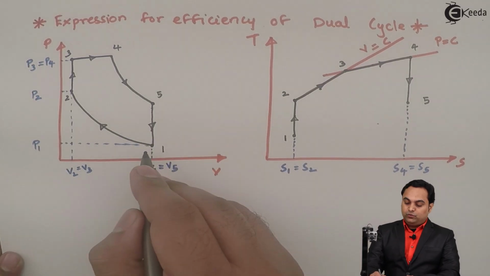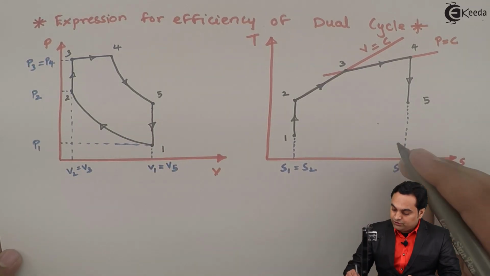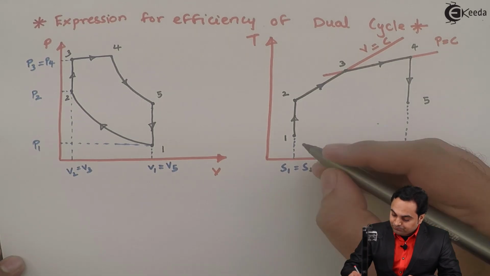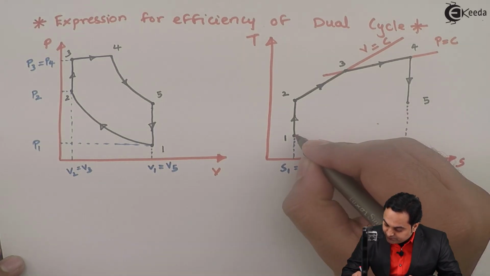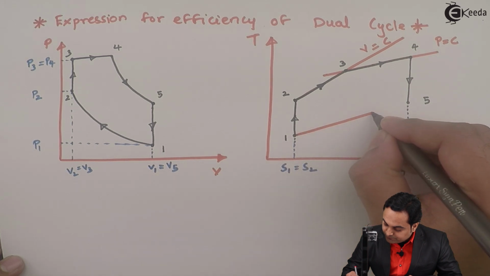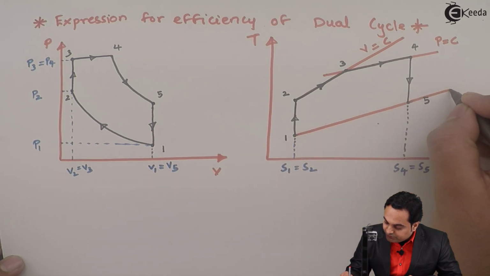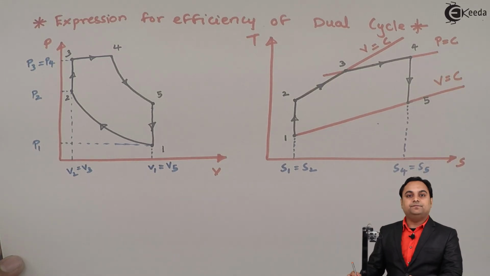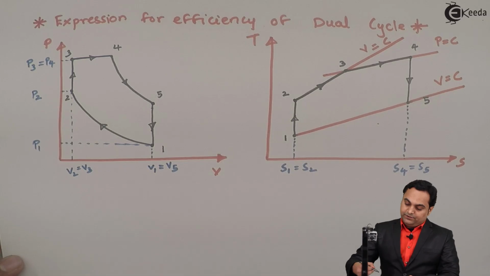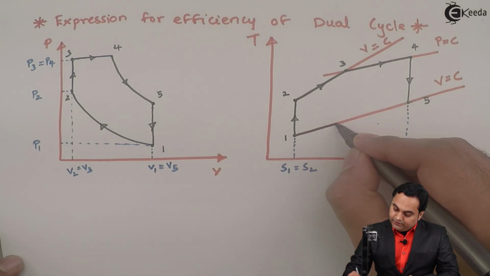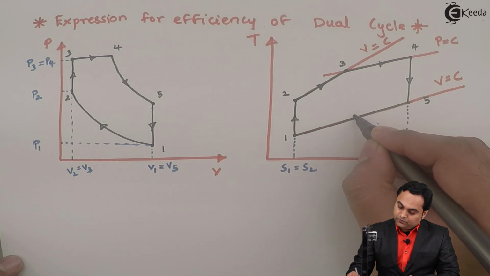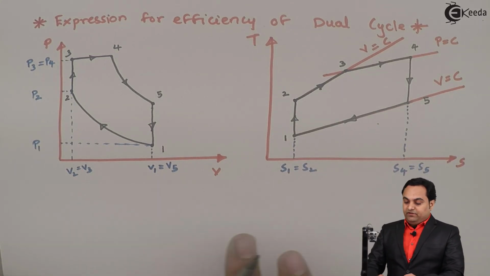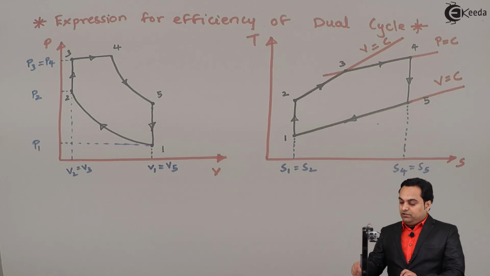Then process 5 to 1 is constant volume heat rejection. So again I have to move through a constant volume line, which I am drawing joining point 1 and point 5, constant volume line, and here the heat will be rejected from point 5 to 1. So this is the PV and TS diagram for the dual cycle.